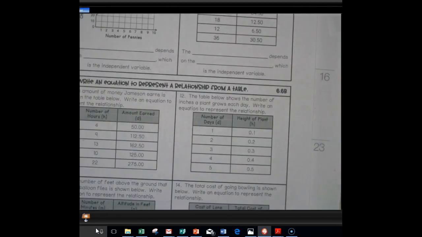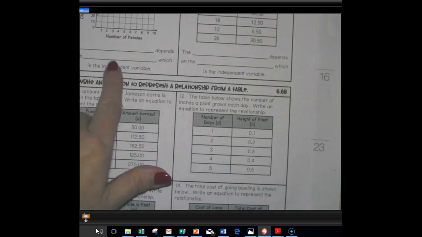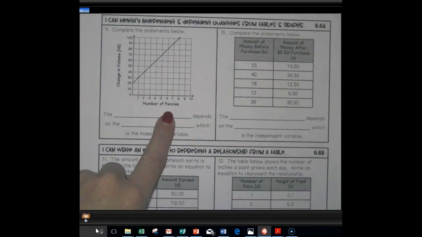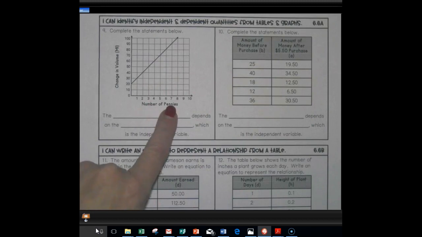Okay, the next page. Complete the statement below. The blank depends on the blank, which is the independent. Well, I know my number of pennies is my independent.